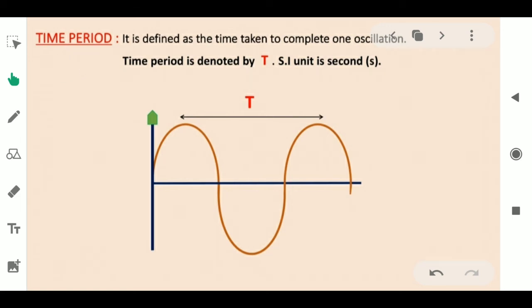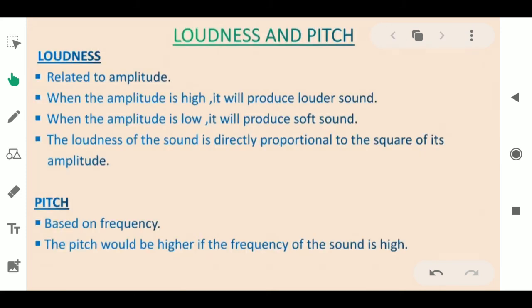Clear? Yes. Dear students, in the previous slide you may have seen these two terms, loudness and pitch. Then what do you mean by loudness and pitch? Actually, these two terms are related to amplitude and frequency. Loudness is related to the property amplitude. When the amplitude is high, it will produce a louder sound. Amplitude is the maximum displacement of the wave from its mean position, and in such a way, when the amplitude is high, it will produce a louder sound.